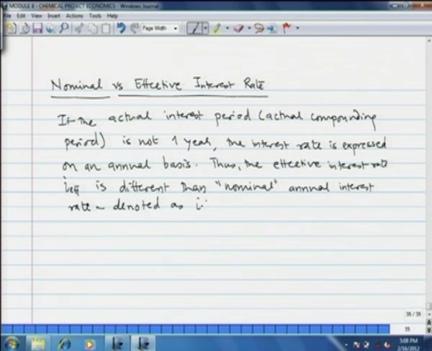Now, let us try to derive a relation between I and I effective. For example, we say that nominal interest rate of 8% per year compounded quarterly.